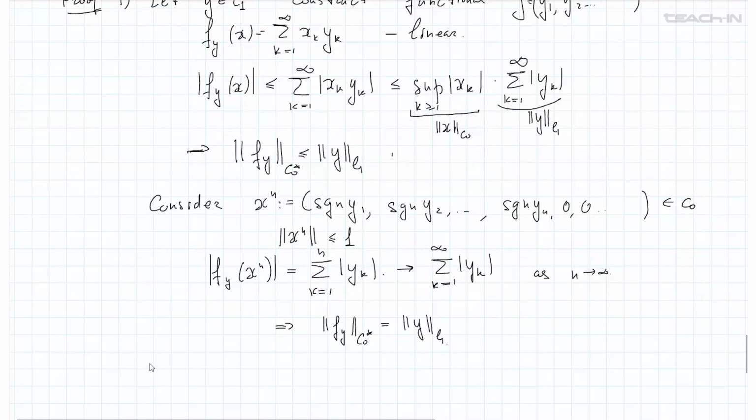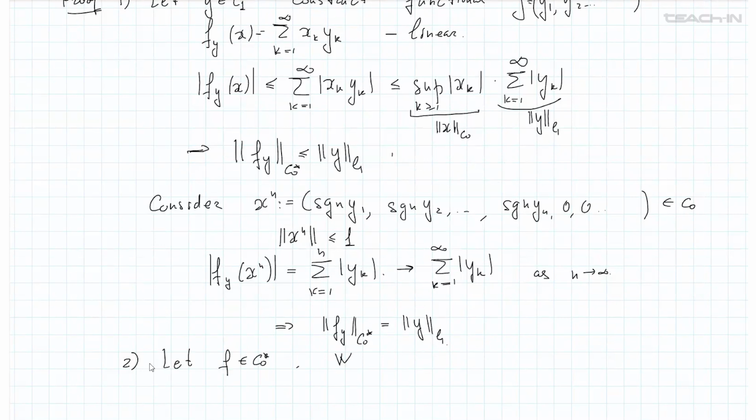So for any sequence y from l1, we can construct a linear bounded functional. The inverse step: let f be from c_0 star.